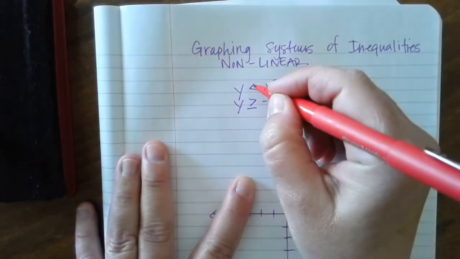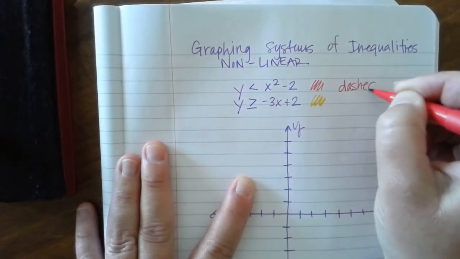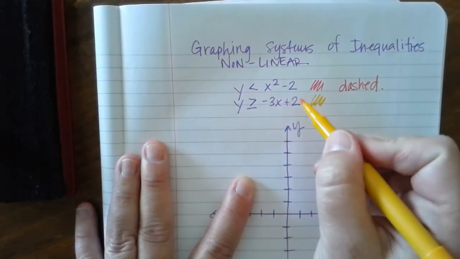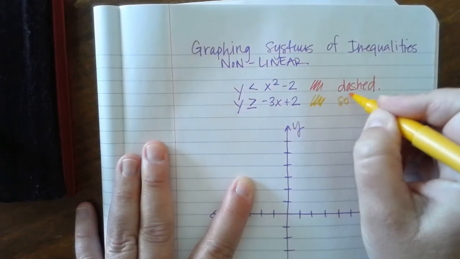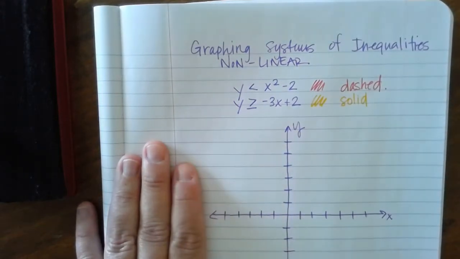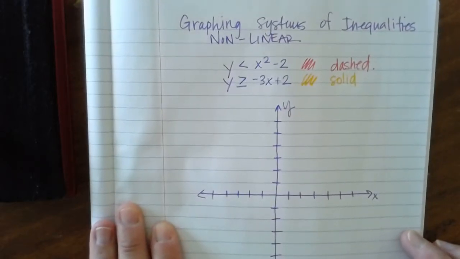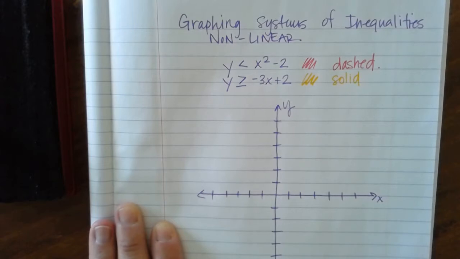Okay, and it's just less than, so it's going to be dashed. And the line has a y-intercept of 2 and a slope of -3, that is going to be solid. Okay, so guys, take a minute, copy this down in your notes. When you guys are done, unpause me and we'll get back to it.